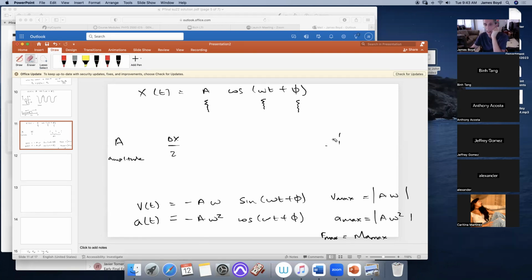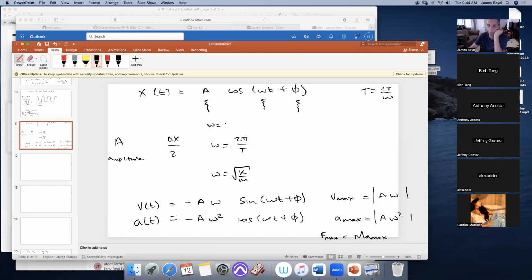Now, omega, you have 3 different ways of finding omega. You may not remember, but the period is 2 pi over omega. So if you're told the time of one cycle, then omega is 2 pi over T. Or omega is the square root of k over m, where k is the spring constant and m is the mass.